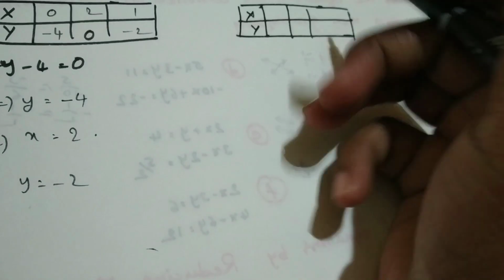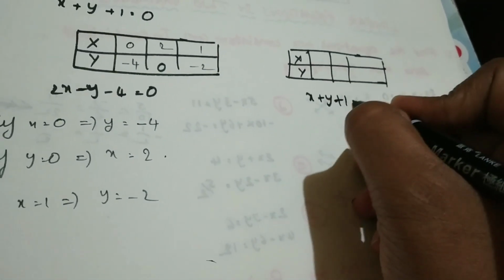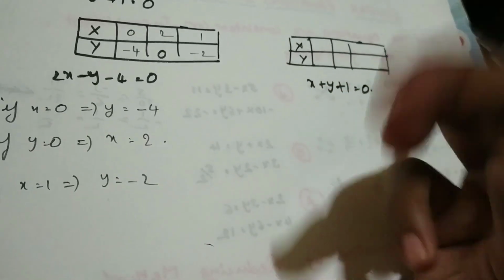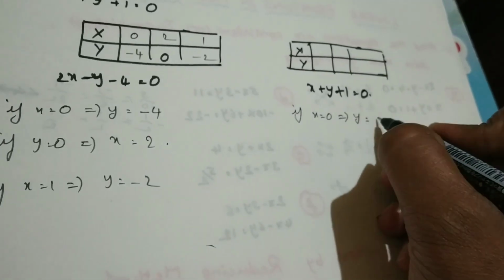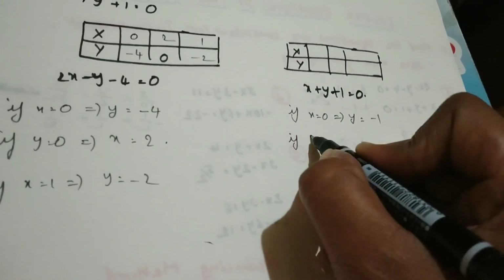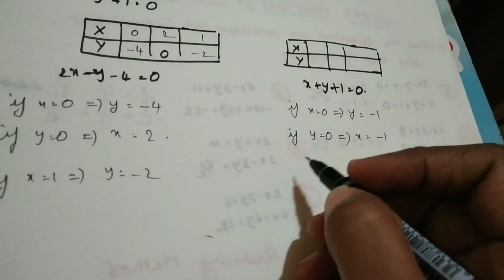And for this second one, x plus y plus 1 equal to 0. In this one, if x equal to 0, y is equal to minus 1. If y equal to 0, x is equal to minus 1.